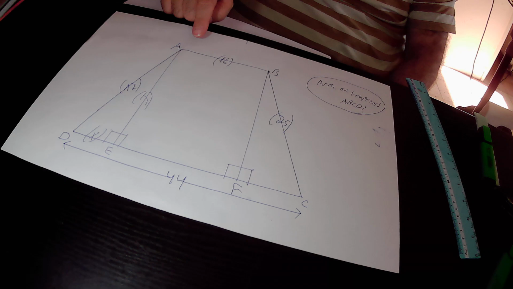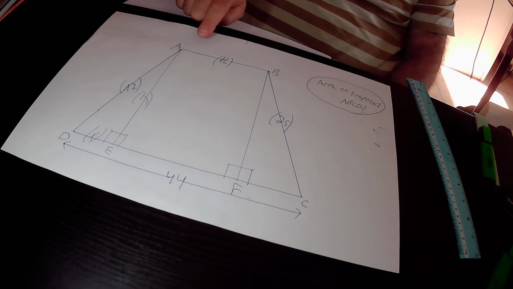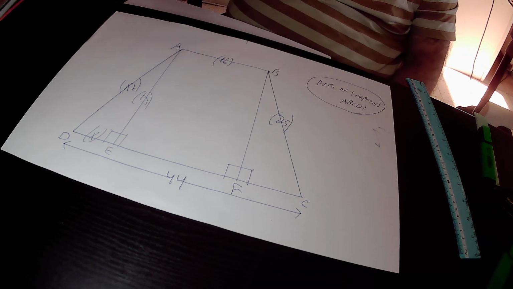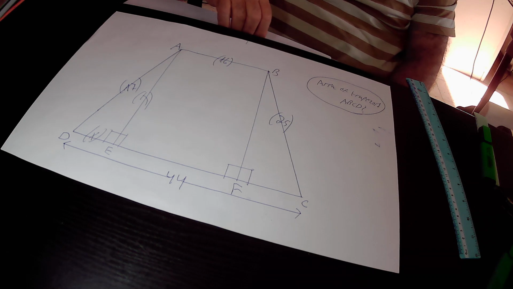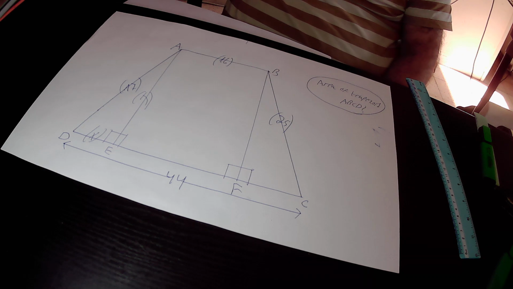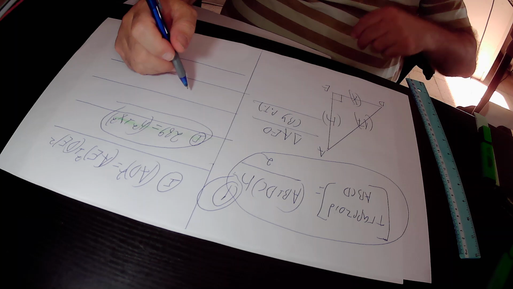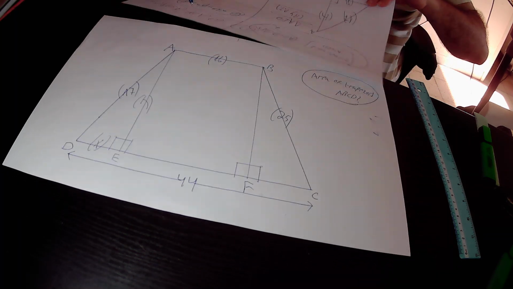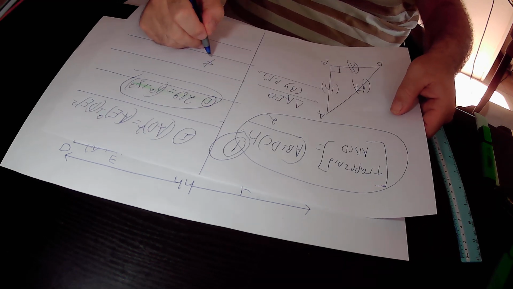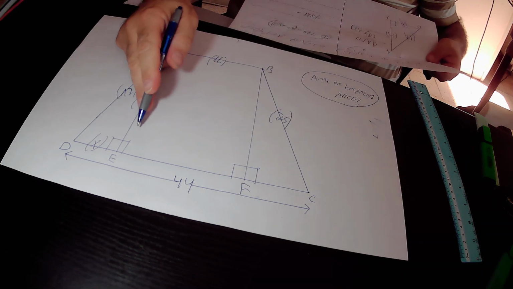So actually, this is the missing angle, angle BAE, plus this angle that is the right angle. In total, the sum of those two angles is equal to 180 degrees. So I'll write it down. The missing angle is angle BAE plus this angle that is the right angle.